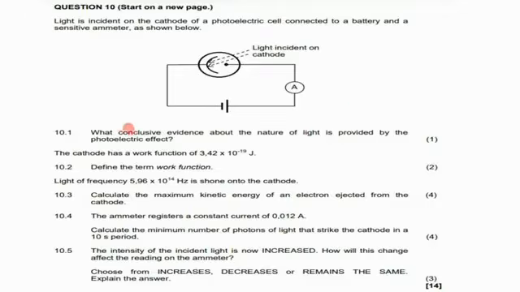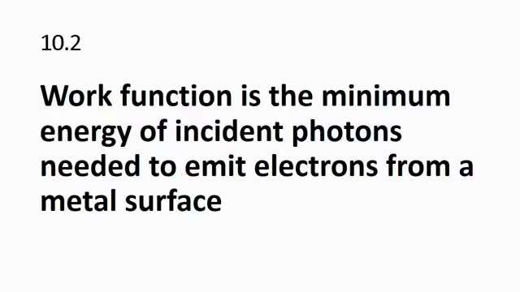Then we have here the cathode has a work function of 3.42 times 10 to the exponent of negative 19 joules. Then 10.2 says define the term work function. So let's quickly run to that. We say work function is the minimum energy of incident photons needed to emit electrons from a metal surface.